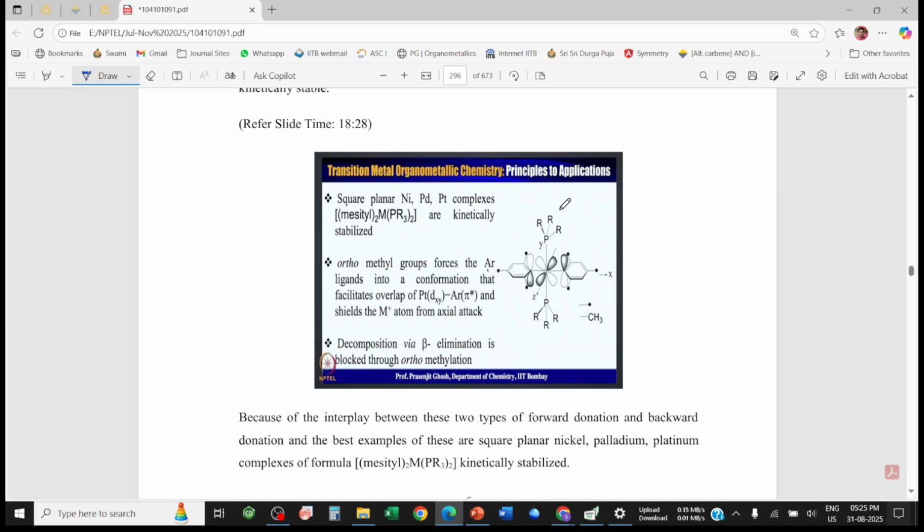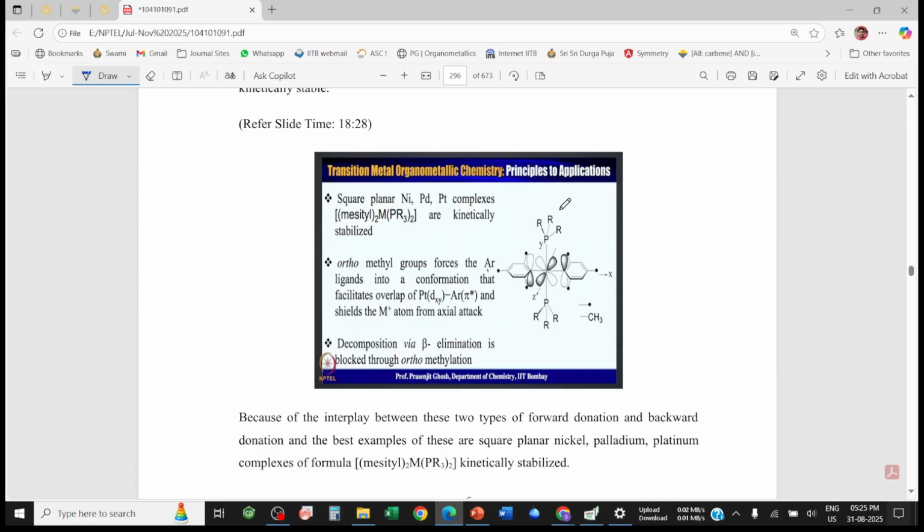Next is this: square planar nickel, palladium, platinum complexes of mesityl, MR2, are kinetically stable. So why are these complexes kinetically stable? Because you can see the ortho methyl group.